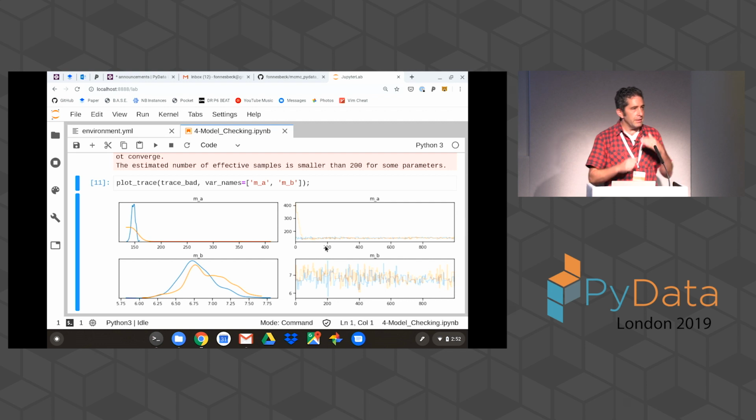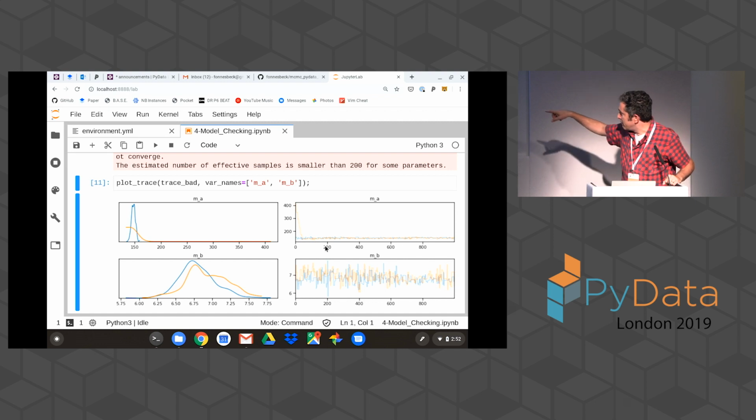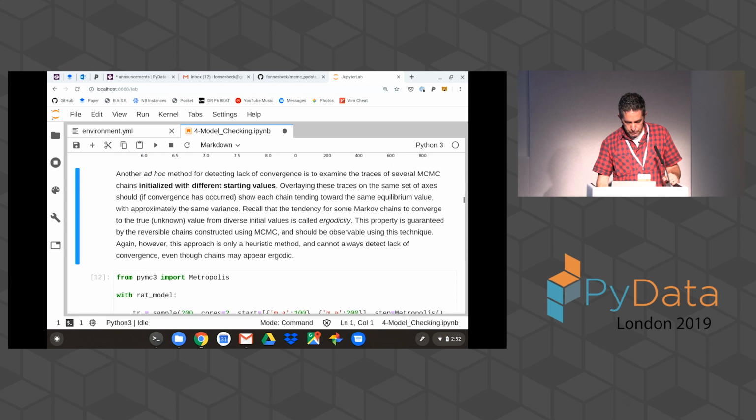When you have two chains and they're not doing exactly the same thing, that's a problem. And when you get any of those diagnostic patterns that we saw when I was demonstrating Metropolis Hastings, either the snaking around the parameter space or long periods of rejection, that's also going to be bad.